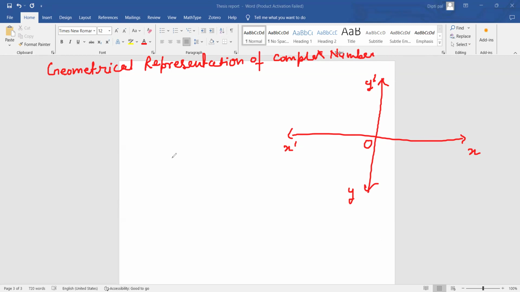If we have a complex number z equals x plus iy, we can also represent it as an ordered pair (x, y). A complex number corresponds to one and only one point in the xy plane. If this distance is x and this is y, then this represents this point P.